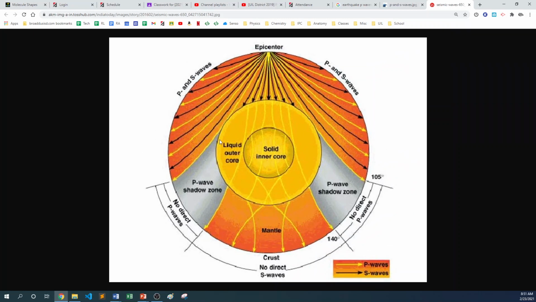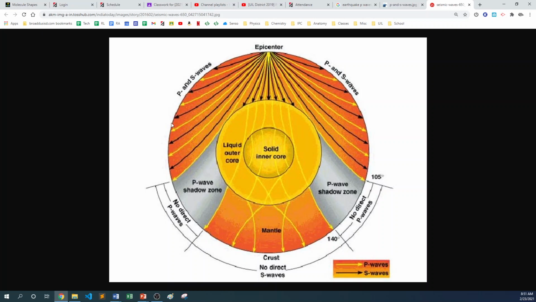We'll see that P waves end up not going through the liquid outer core. P waves end up being stopped by the liquid, so P waves don't go through the liquid, while S waves can go through both liquid and solids.